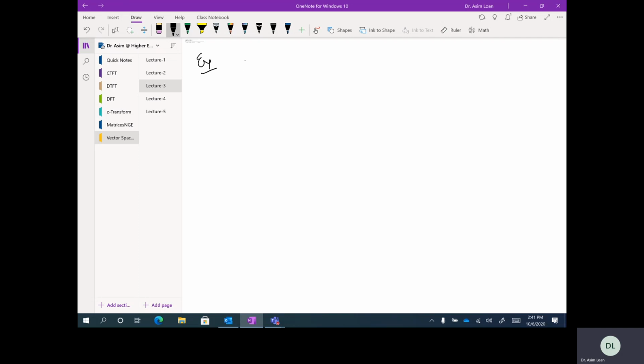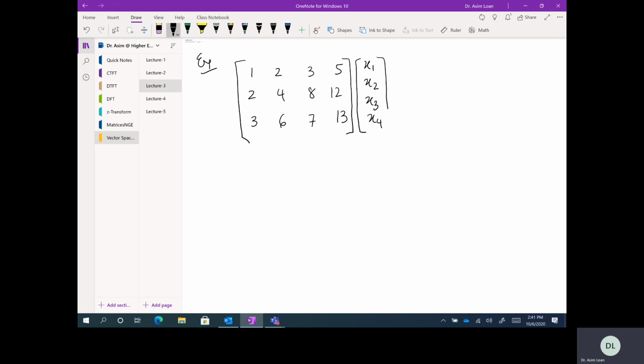So the example that we want to start with is the matrix with rows 1, 2, 3, 5; 2, 4, 8, 12; 3, 6, 7, 13, multiplied by x1, x2, x3, x4, and this is equal to b1, b2, b3.